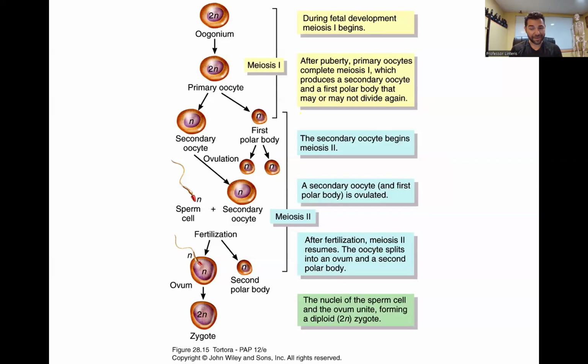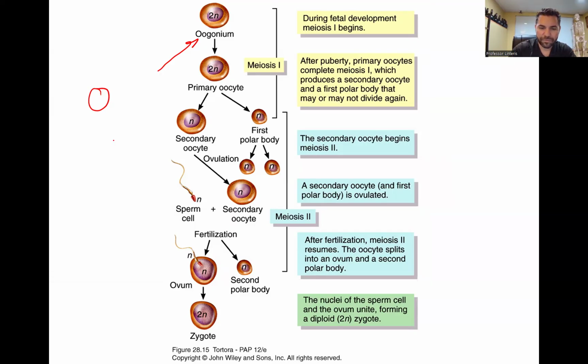So the process of oogenesis is a little bit different than we drew with the sperm. Keep in mind, right, if you have an oogonium, which is your first cell, it obviously does mitosis, and that's how we get all these primary oocytes and things like that.